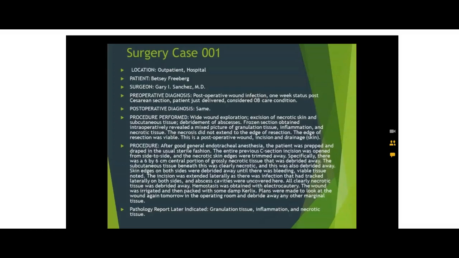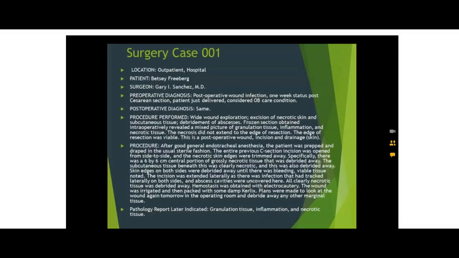I'm on page 877 in the tabular list, and if we look at O86.00, it says infection of obstetrical surgical wound, unspecified. Well, we don't want unspecified because we know what ours was, right?